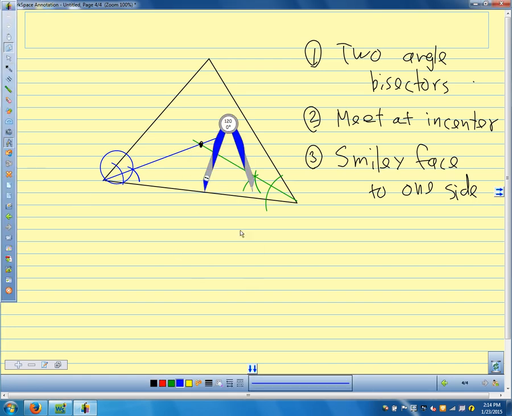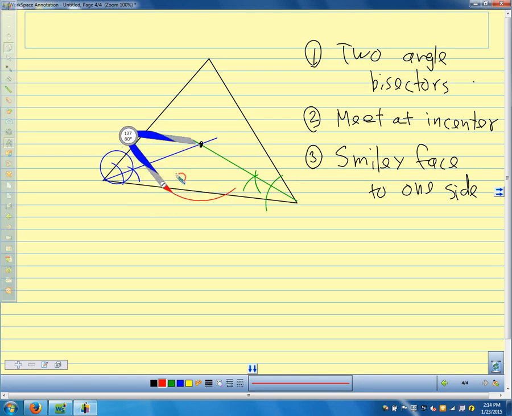So this one takes a little more work. So the smiley face construction, I just have to go, so make sure I'm past the segment. Make my smiley face. And then I'm going to bisect the smile. That's the same construction I did last time. Make sure the compass is open more than halfway across the smile.